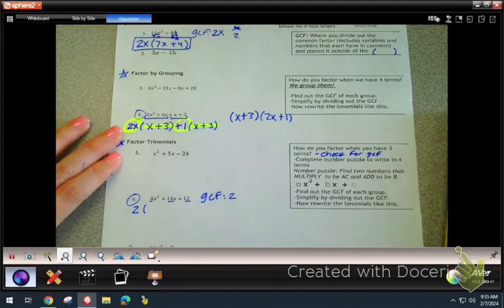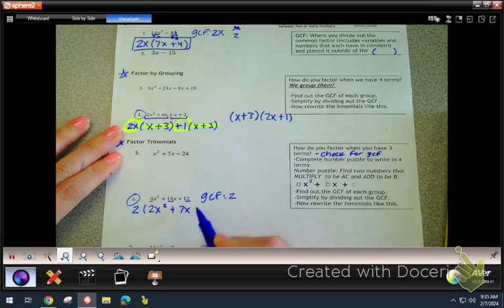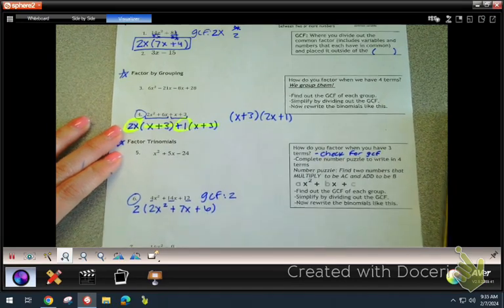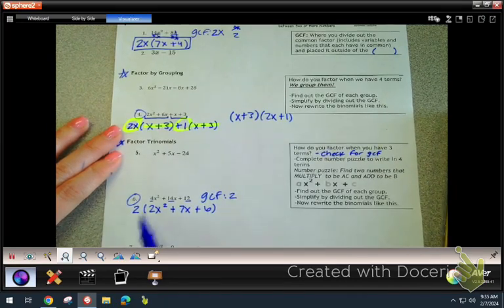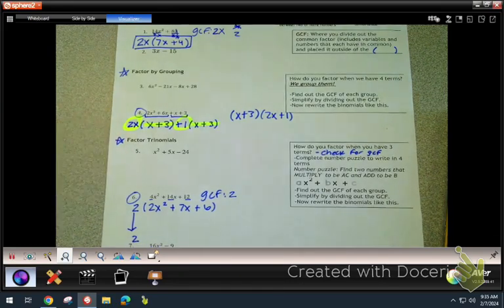2, parentheses. What's left over if you divide out a 2? 2x squared plus 7x plus 6. Good. And when I have my GCF, I'm going to drop it down to my final answer.